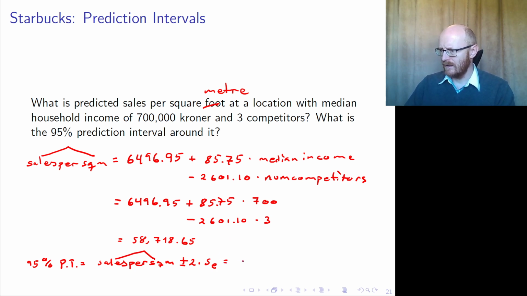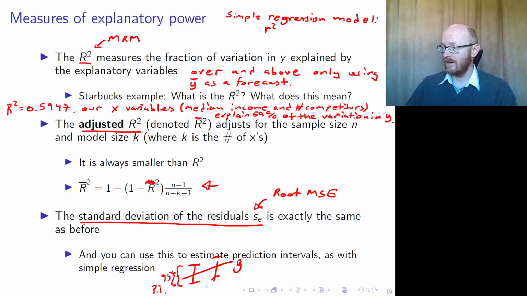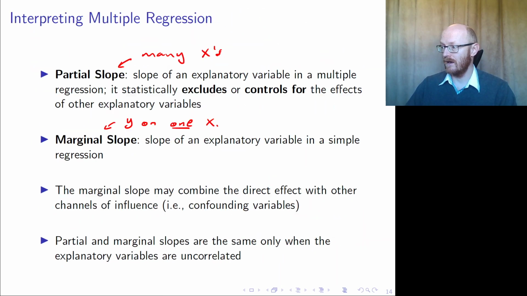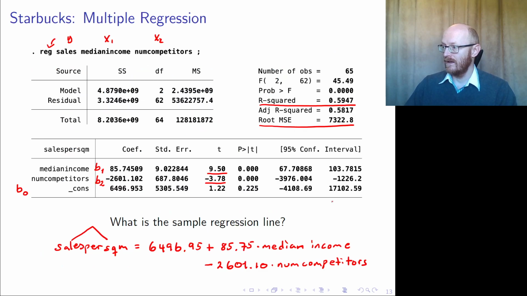This is 58,718.65 plus minus 2 times the standard deviation of the errors, which is from the table of results here. It's the same as the root MSE. It's 7,322.8.